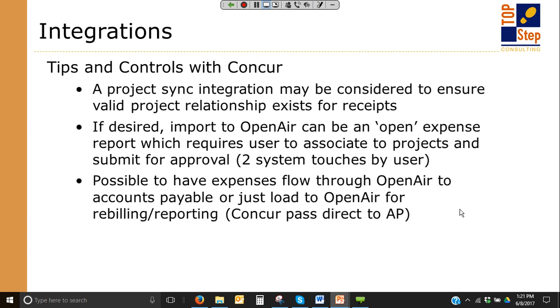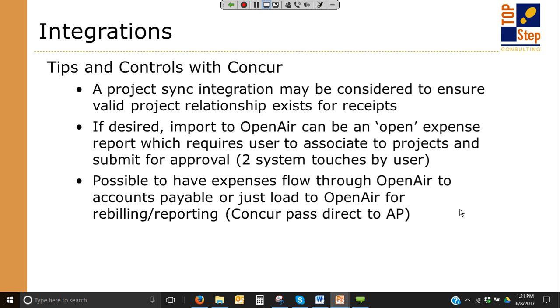So you just sort of have this one big swoop where Concur goes to OpenAir, OpenAir goes to accounting, and that's the data flow. So OpenAir is sort of the middleman in that flow, and that's a perfectly fine flow. It reuses, especially if you're dealing with OpenAir and NetSuite, the logic that is already understood between passing expense data, so it's a viable flow.